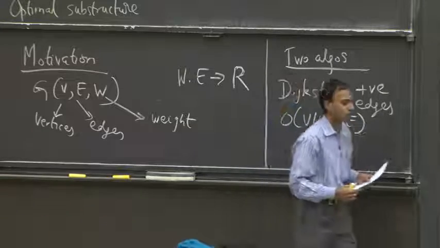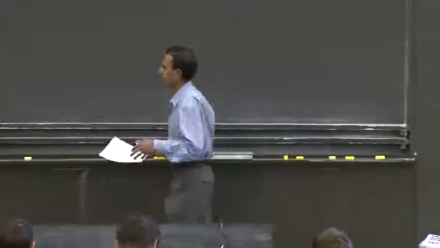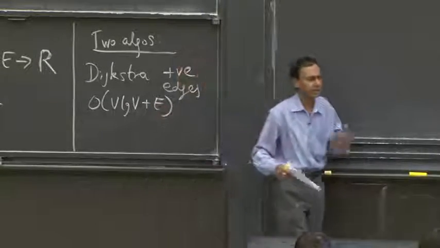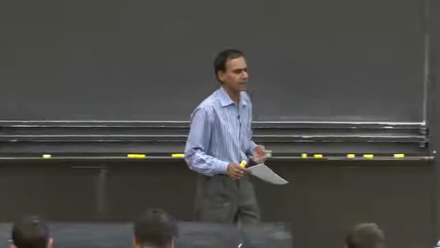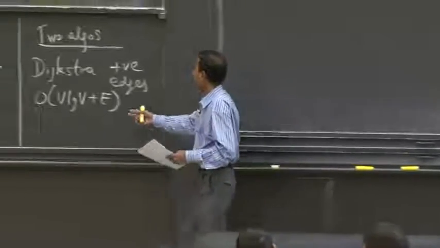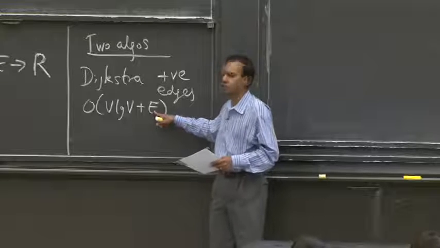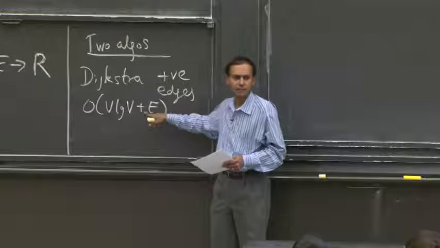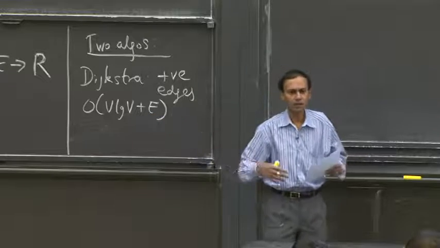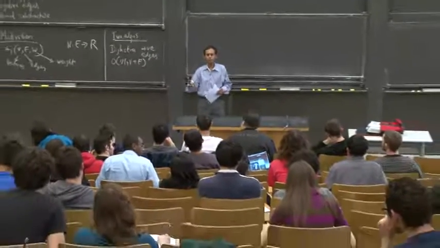All right? So this is practically linear time, and typically you're going to be dominated in many cases by E. What is, in general, if you talk about a simple graph, what's the asymptotic relationship between E and V? Can you relate E to V? Can you give me a bound?